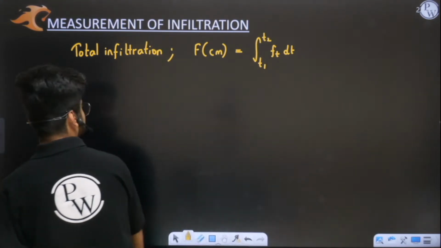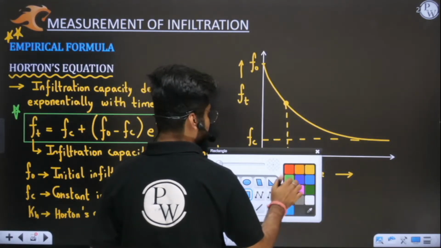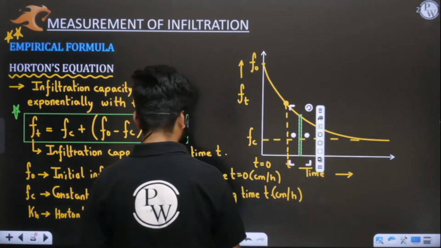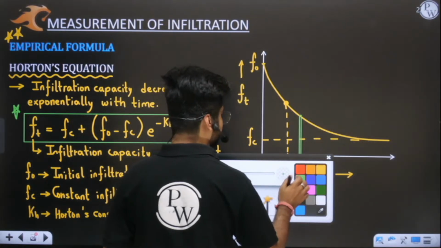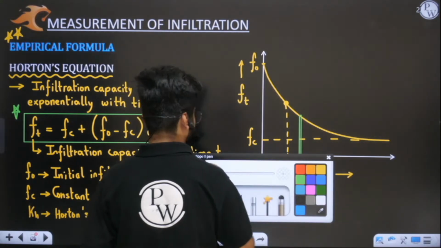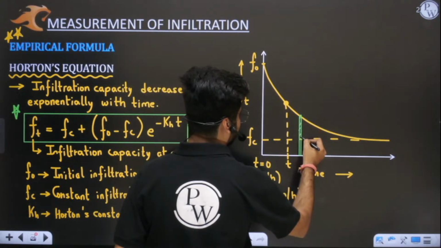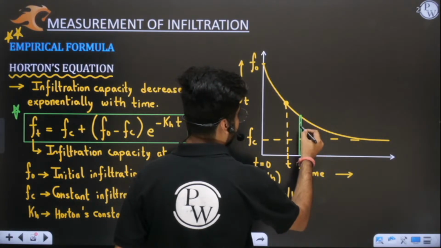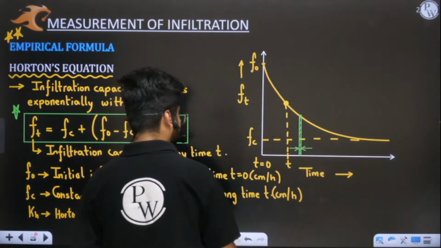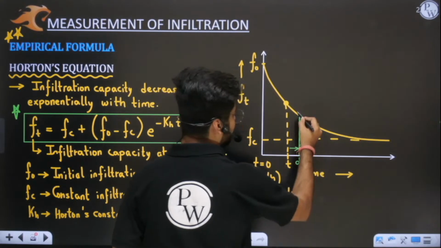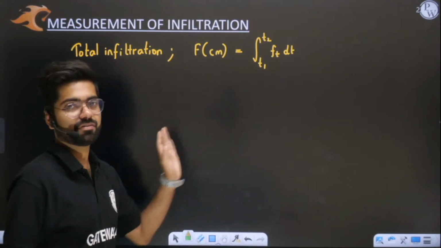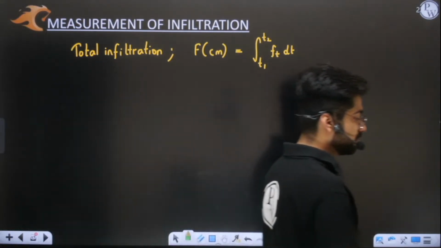What I will do here is take a very small strip of length dt. Obviously the width of this is dt. So the area of this strip will be ft into dt, and then I will move this strip from time t1 to t2, and you will get the area.